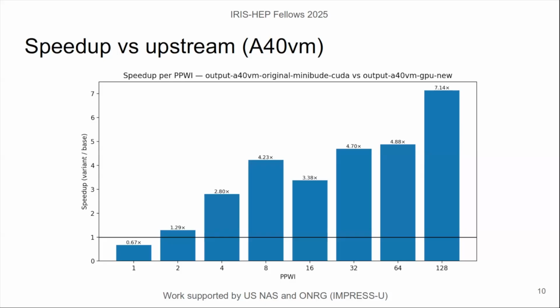On this machine, we are consistently above 1 for mid to high PPVI, and that demonstrates that our implementation of the benchmark is still much slower for some PPVI than the original upstream one, up to 7 times.